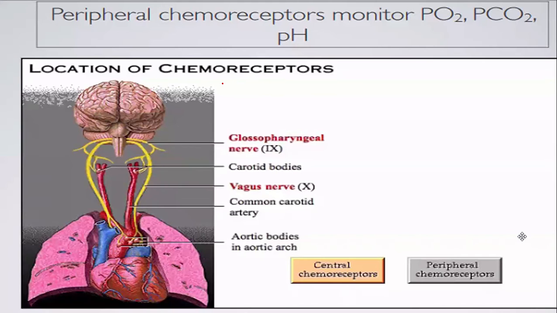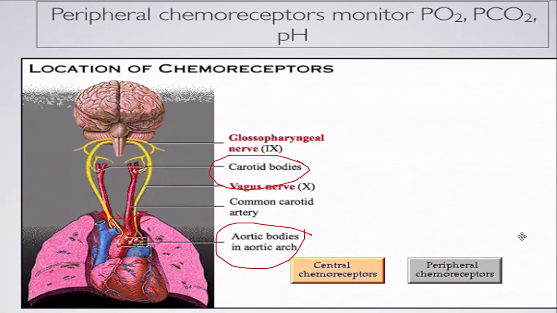So, location of chemoreceptors. Here are the aortic bodies, chemoreceptors, and then the carotid body here, on the carotid artery. If you remember, the arch of the aorta has branches: the brachiocephalic artery or innominate artery, the left common carotid artery, and the left subclavian.